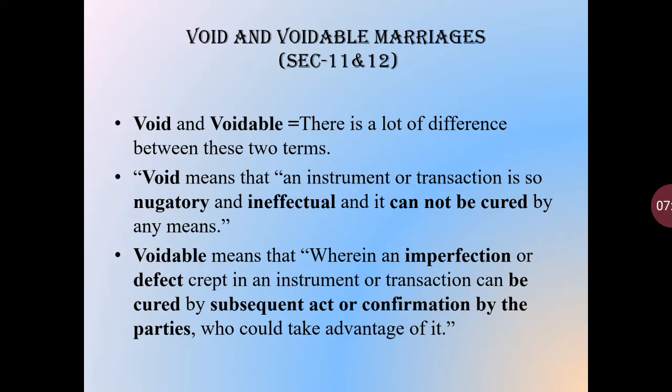Voidable means that wherein an imperfection or defect crept in an instrument or transaction can be cured by subsequent act or confirmation by the parties who could take advantage of it.